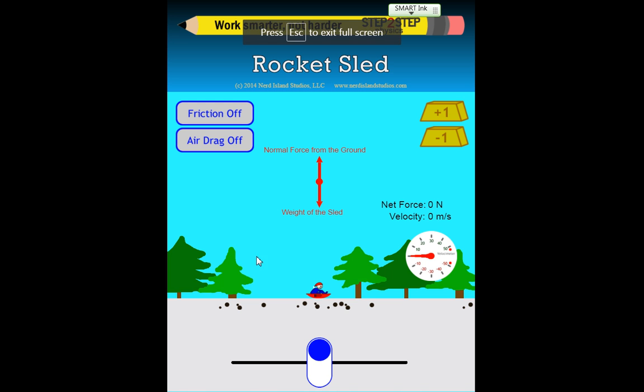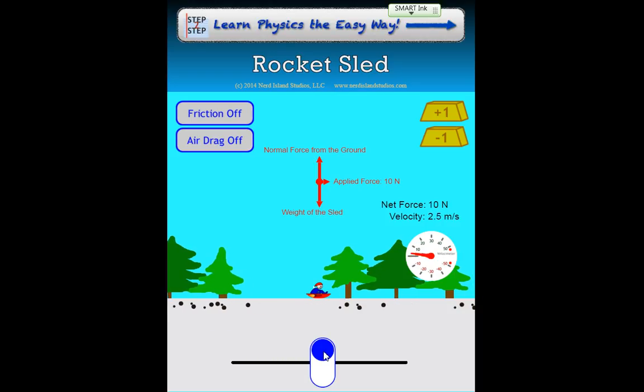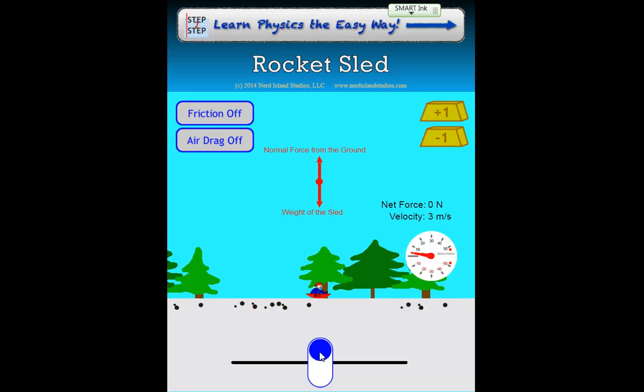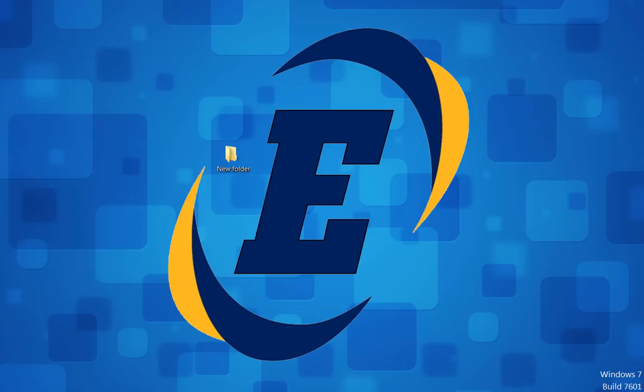Okay, you guys ready for this? This is a rocket sledder. Okay? Let's give the rocket sledder an applied force. Actually, let's stop. I gotta reset this. Let me just reset it. We can talk about it.